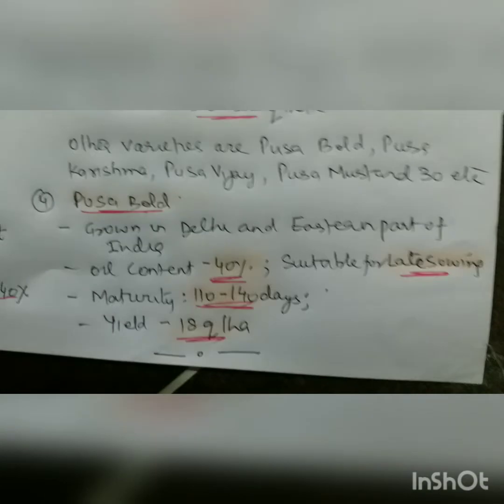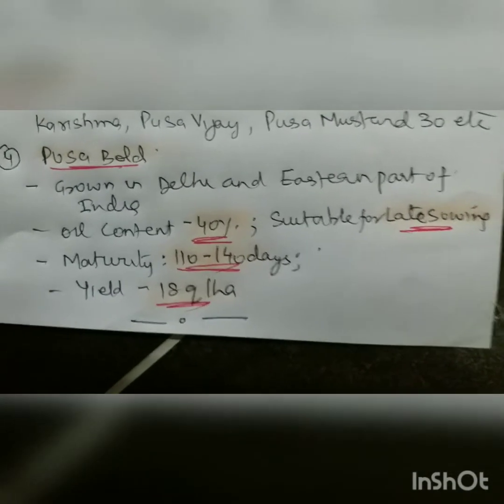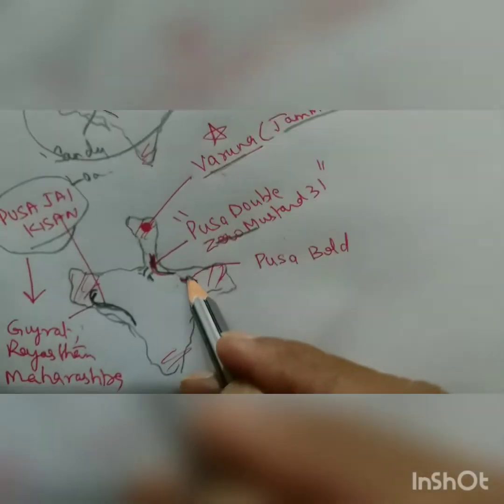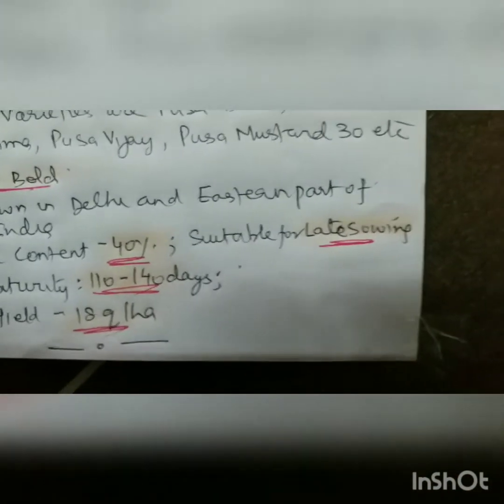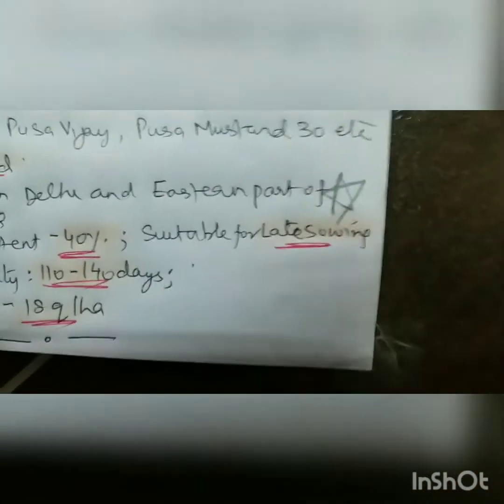Besides this, there are other varieties. Before that, I want to do Pusa Bold, grown in Delhi and the eastern parts of India. See, Pusa Bold in Delhi and eastern parts, and its oil content is good, 40%, suitable for late sowing. This is important, right?